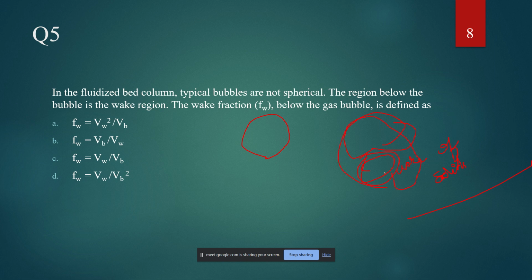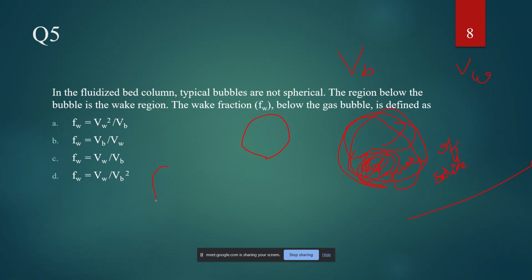This is the wake, and what is the wake fraction, given the gas bubble volume is VB? If we assume the volume of the bubble as VB and the volume of wake as VW, what is the wake fraction? This is one whole thing and this is one small portion of wake, so together with everything it would be the bubble.